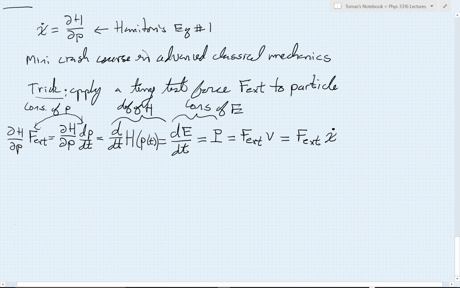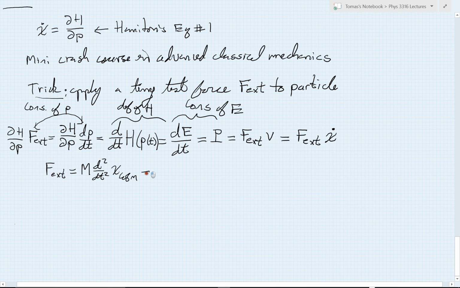Now, if you're not familiar with that, another way people often write that is they say the total external force on a system is equal to the mass of the system times the acceleration, d²/dt², of the center of mass of the system. So you can call this x, the center of mass of my system, which is just another way of saying F equals ma. But in my case, I only have a single particle.